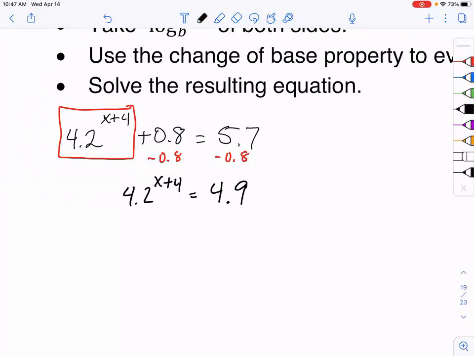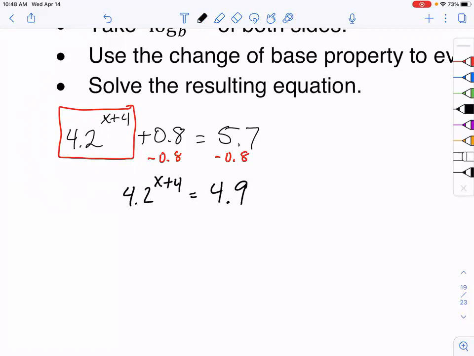This is now an exponential equation. I have the exponential part isolated. I need to solve by an inverse. What's the inverse of an exponential expression with base 4.2? It's a tough question because you're not used to it.